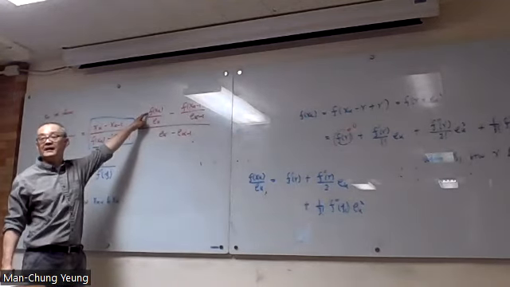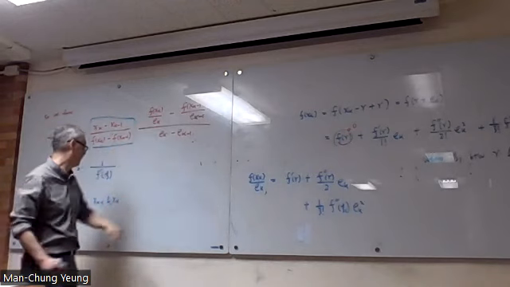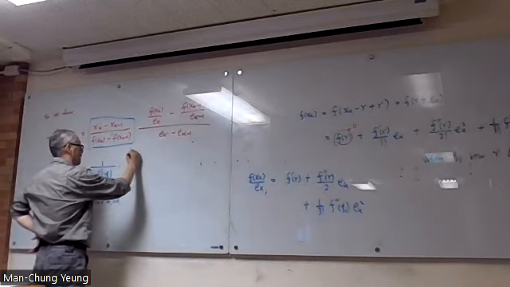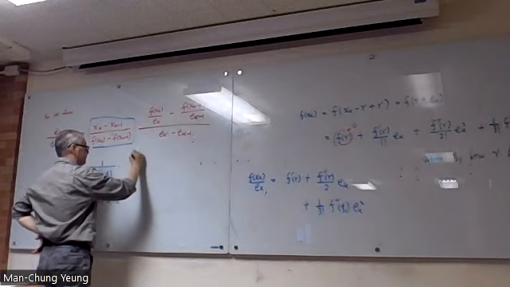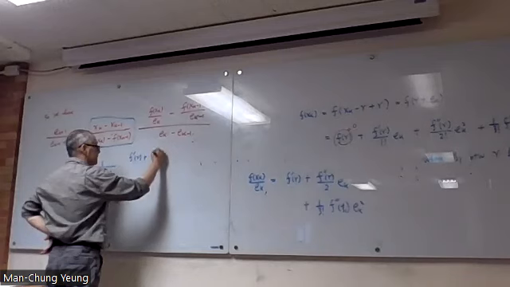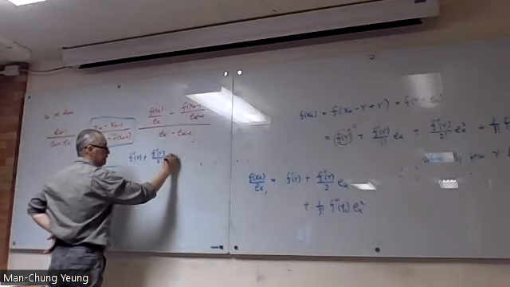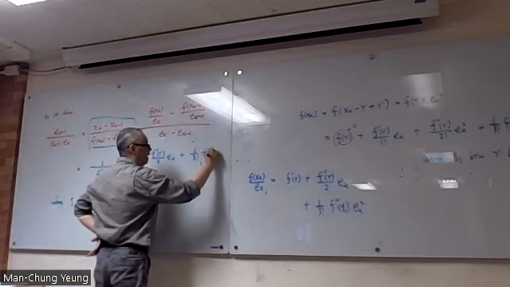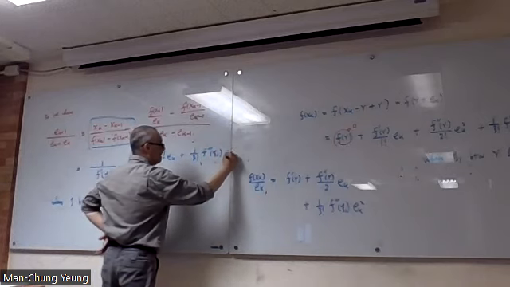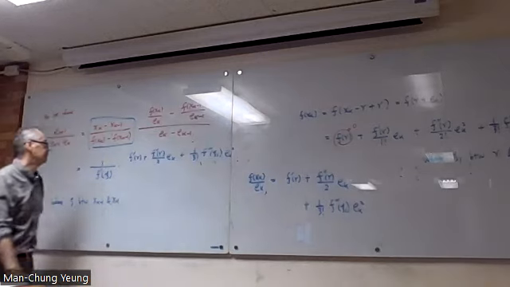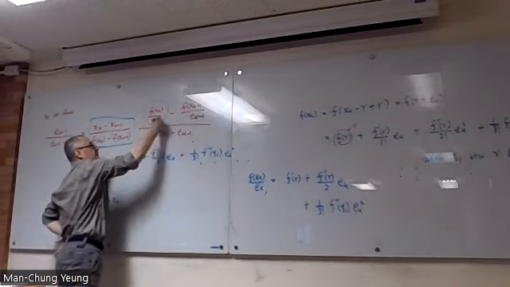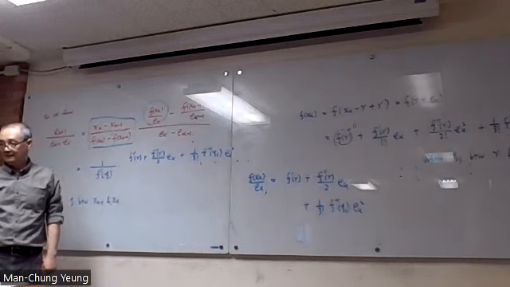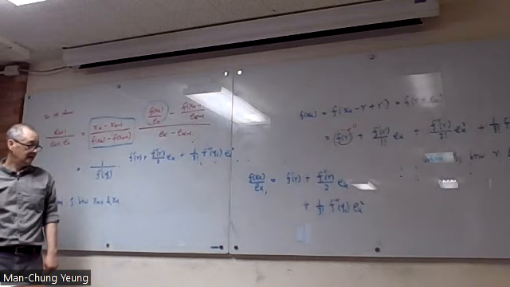F of x_k over e_k. Then times what? Times f derivative at r plus f second derivative at r over 2 e_k, then plus the last term with xi_1, then e_k squared. This is this.